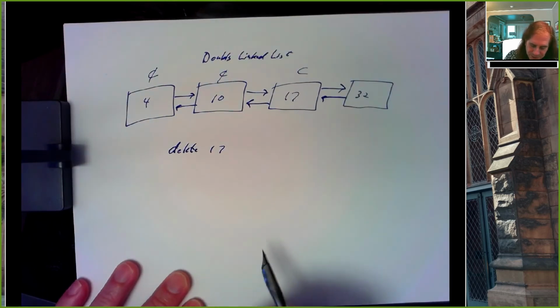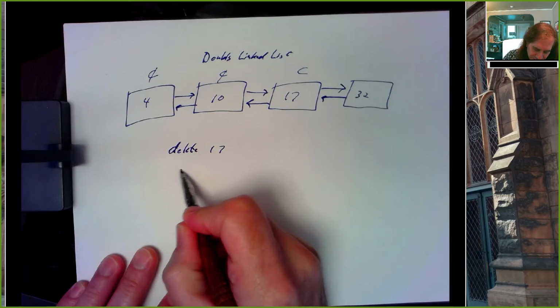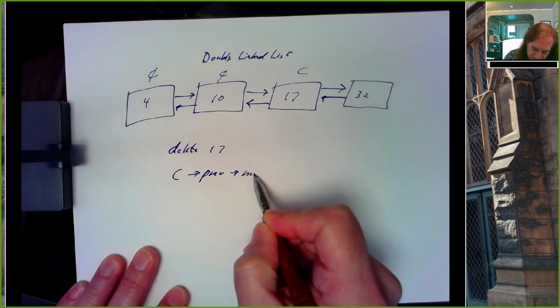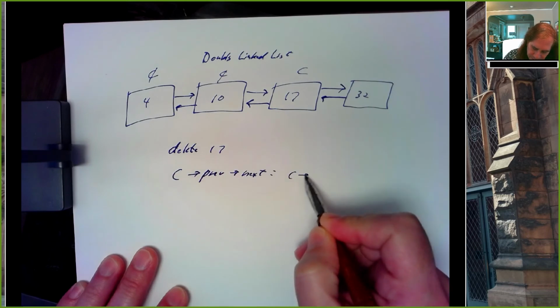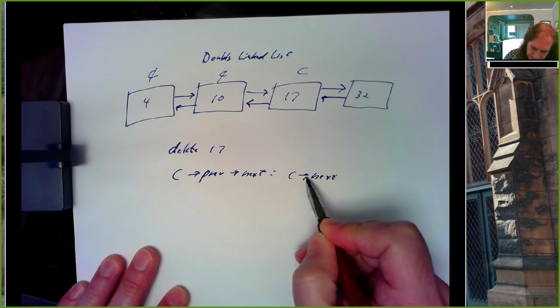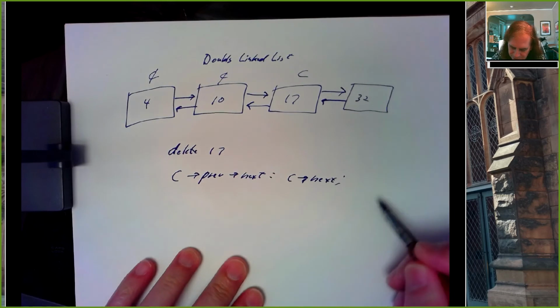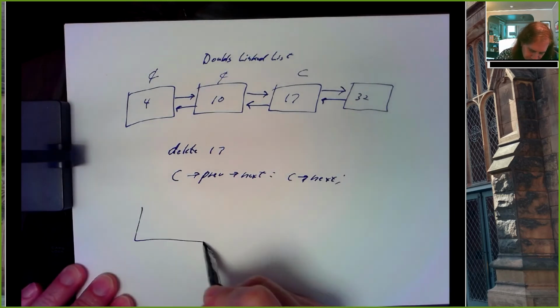And so to remove this node, we could say something like current previous next equals current next. And that one line deletes your node. So your nodes look like this.